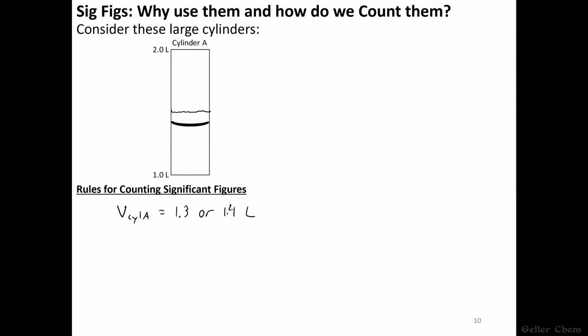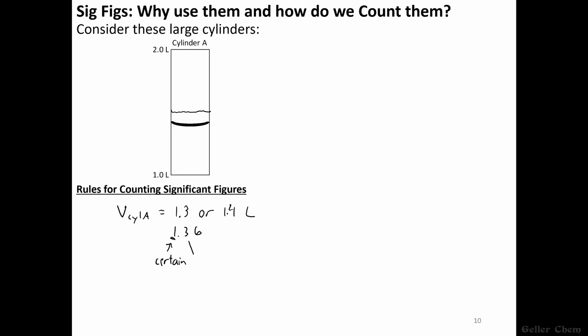But what if we were to try to estimate more accurately than that? What if we came up with 1.36? Well, let's analyze each of these numbers. Okay, the 1, that's good. That's certain. We know it's 1 point something.